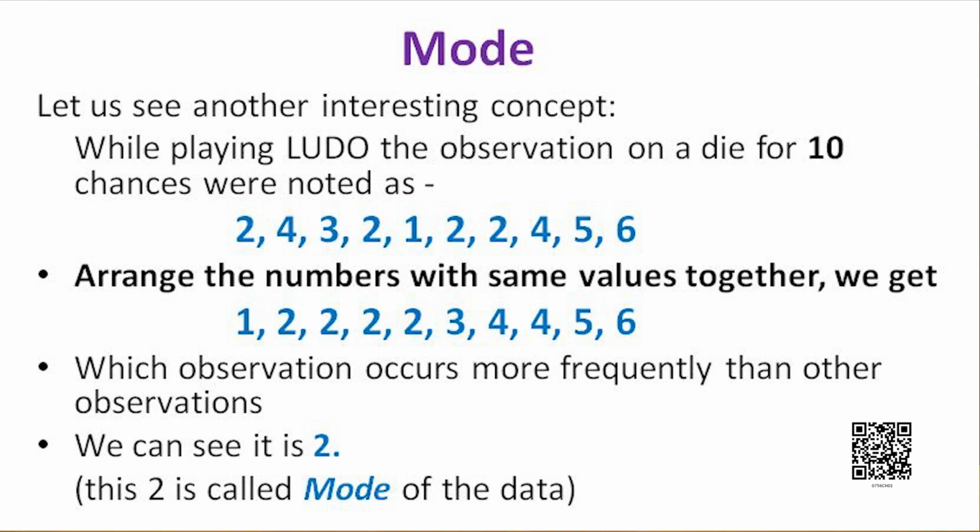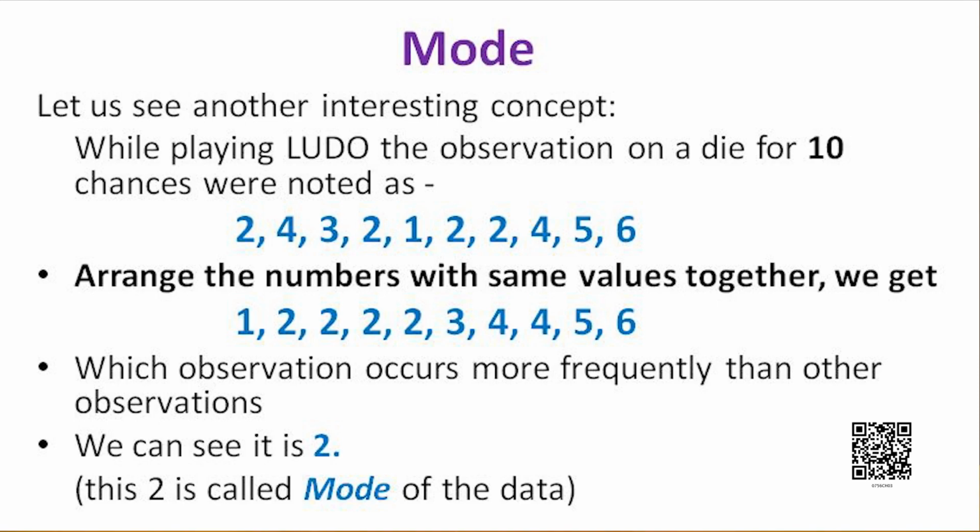So now I told him, this observation which is coming again and again, more often, that observation is given a name in mathematics. Do you know what its name is? Its name is mode.